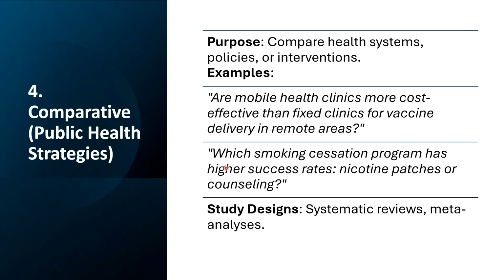Or which smoking cessation program has higher success rates, nicotine patches or counseling? For such questions, the study designs will be systematic reviews or meta-analyses, which can help us compare more effectively. Comparison of programs at this scale can be done using systematic reviews.